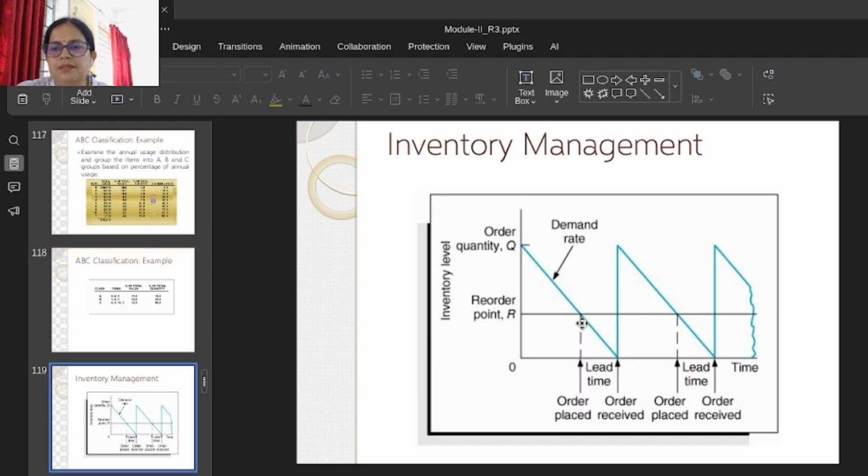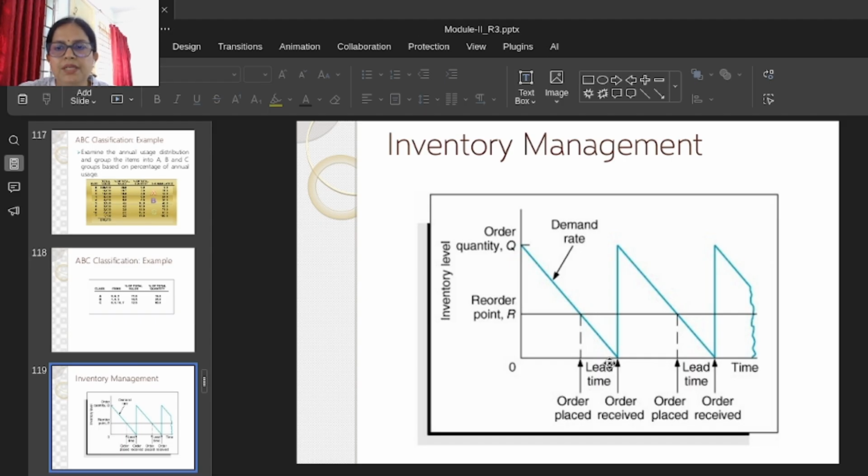What will happen here? Suppose we have 300 units. Suppose we know on the 30th day it is going to be 0. So suppose to place the order and to receive the order, it takes 5 days.